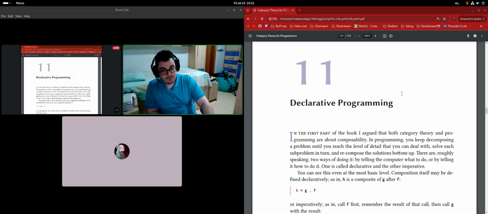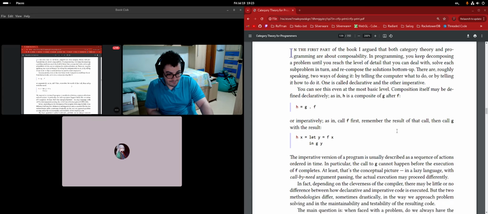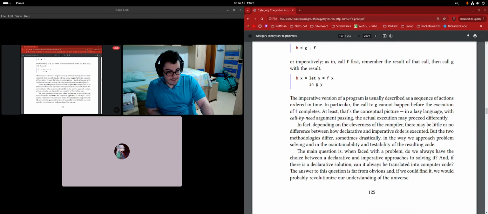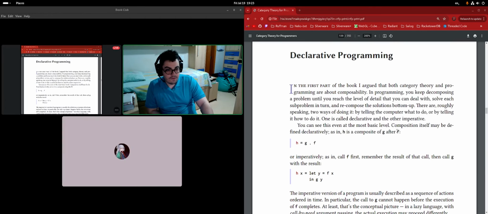In chapter 11, we're going to talk about the difference between declarative programming and imperative programming. Something to keep in mind is this sentence right here.